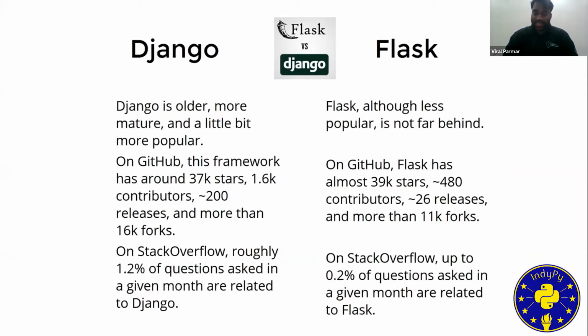On GitHub, Flask has almost 39K stars and 480 contributors, 26 releases, and more than 11K forks. So you can see it's not far behind. So it will be catching up with Django. On Stack Overflow, roughly 1.2% of questions asked in a given month are related to Django over all the programming languages.